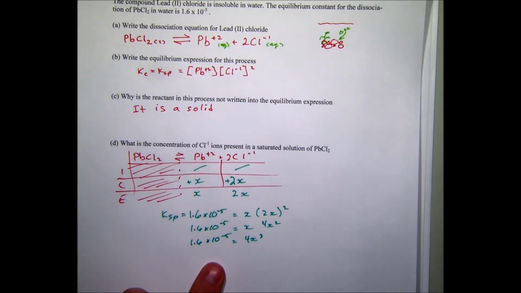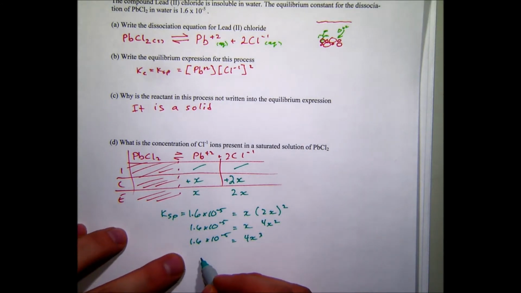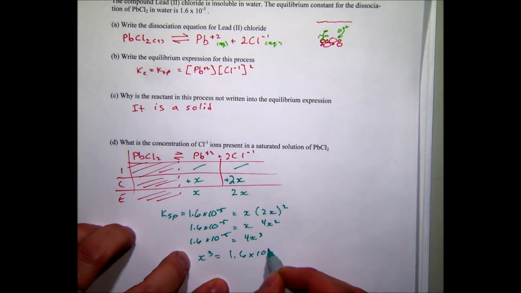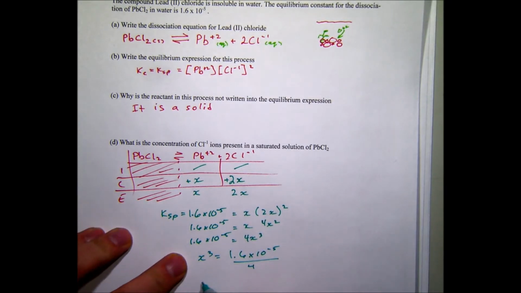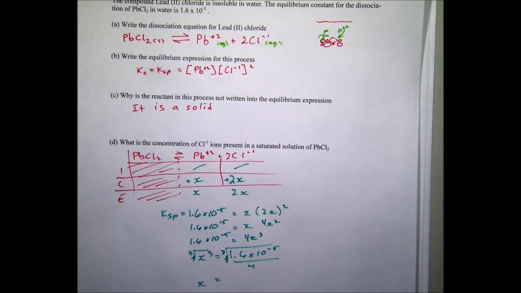So we end up with 1.6 times 10 to the negative 5 is equal to 4x cubed. So x cubed is equal to 1.6 times 10 to the negative 5 divided by 4. X is equal to the cube root of this whole object up here.